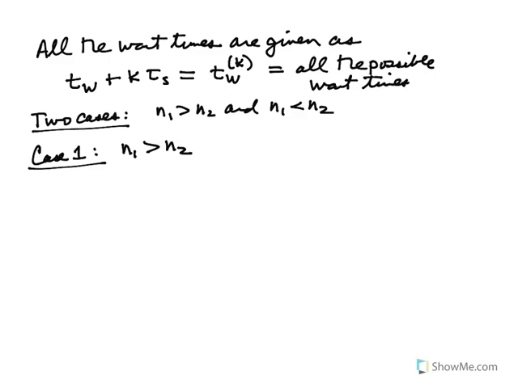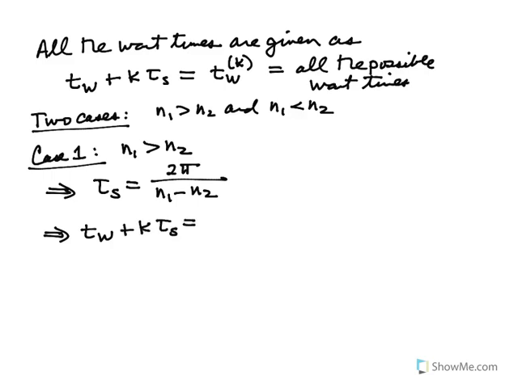So if n1 is greater than n2, then that implies that tau sub s is equal to 2 pi all divided by n1 minus n2, which implies that t sub w plus k times tau s is equal to t sub w plus k times 2 pi all divided by n1 minus n2.